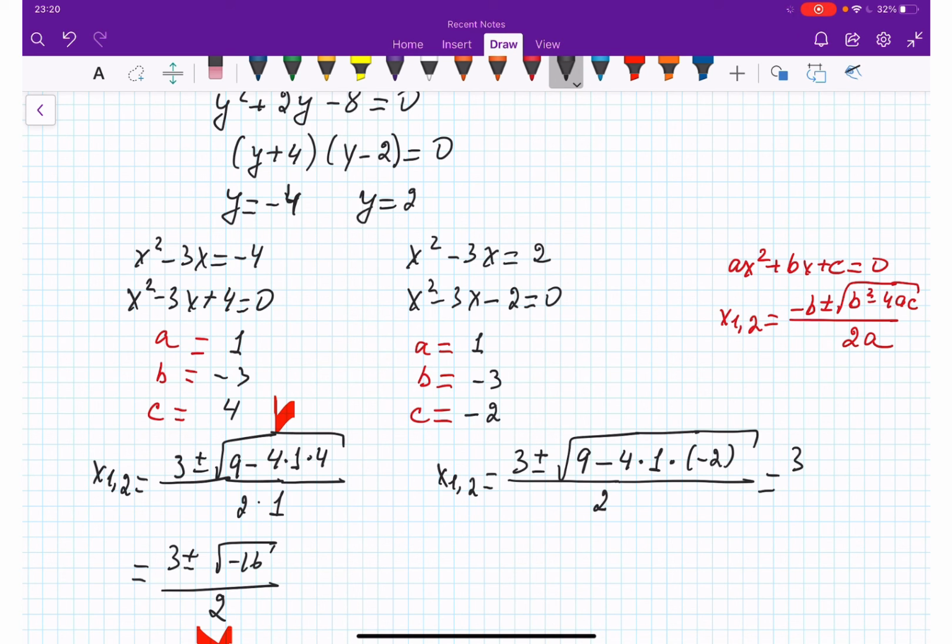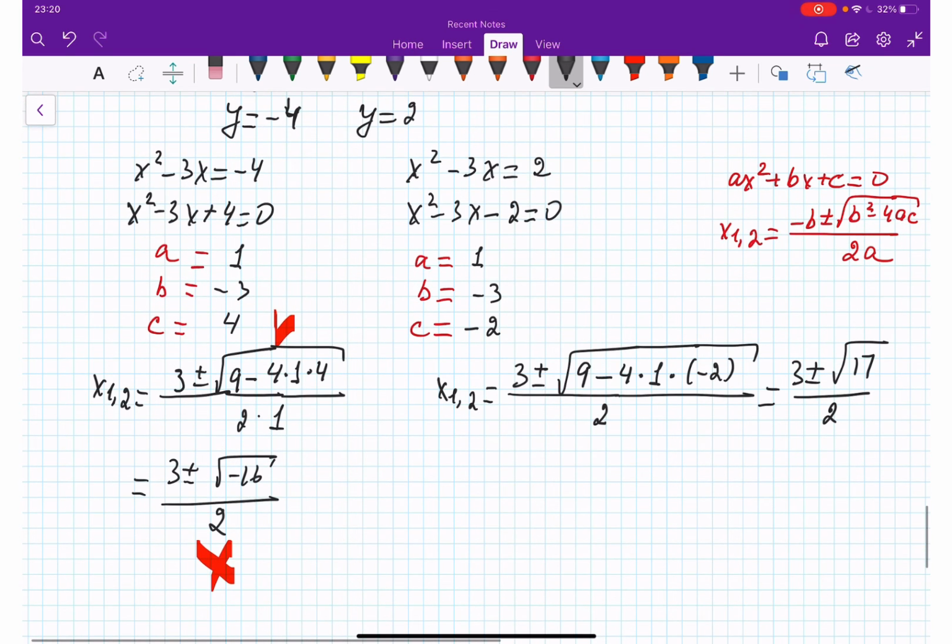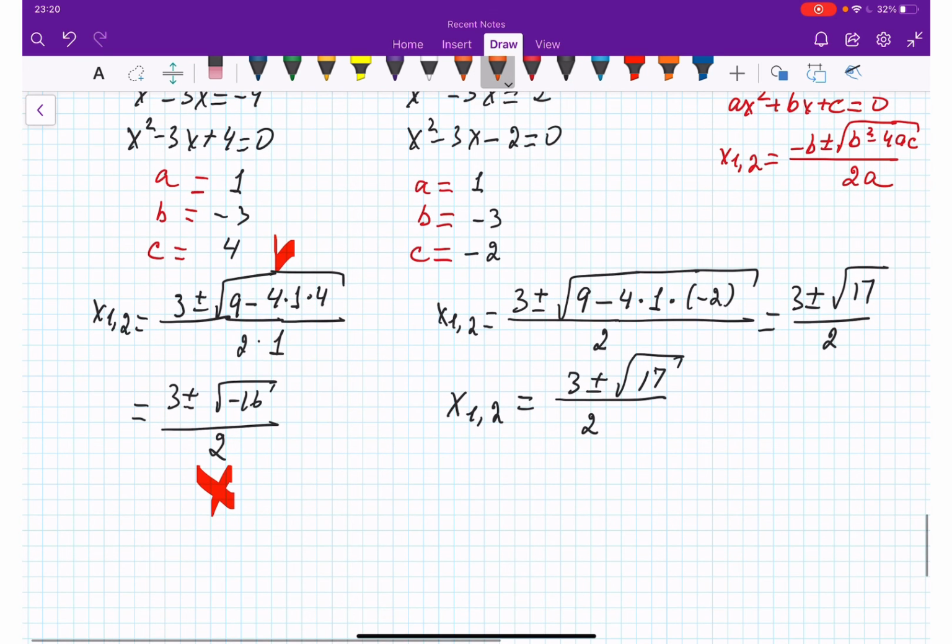And we are getting 3 plus minus square root of 17, since 9 plus 8 is going to be 17, divided by 2. So from here, the two x's are going to be equal 3 plus minus square root 17 over 2. And this is going to be our answer.